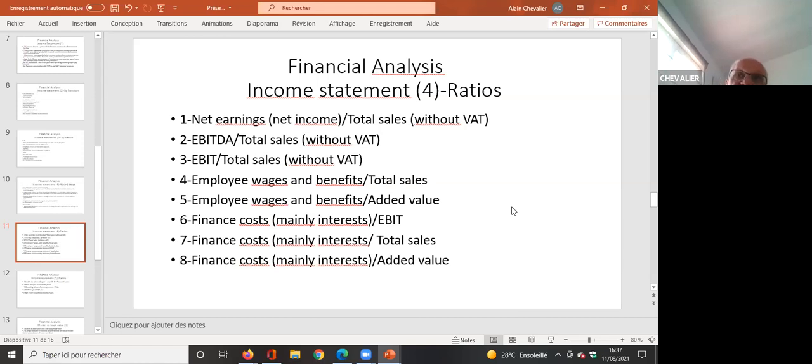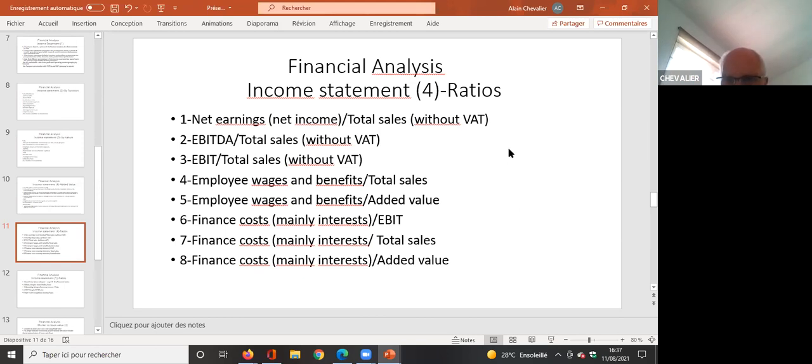Let's say that today it's probably not as important as it was before, because when interest rates were two or three times what they are right now, that became a very central expense, which is not the case in many firms today, even with high debt levels, because they have the opportunity to borrow at very low interest rates.